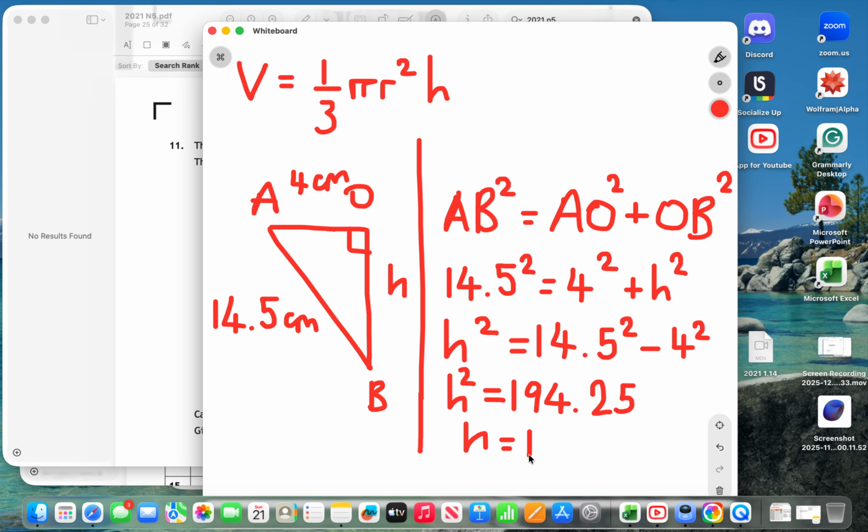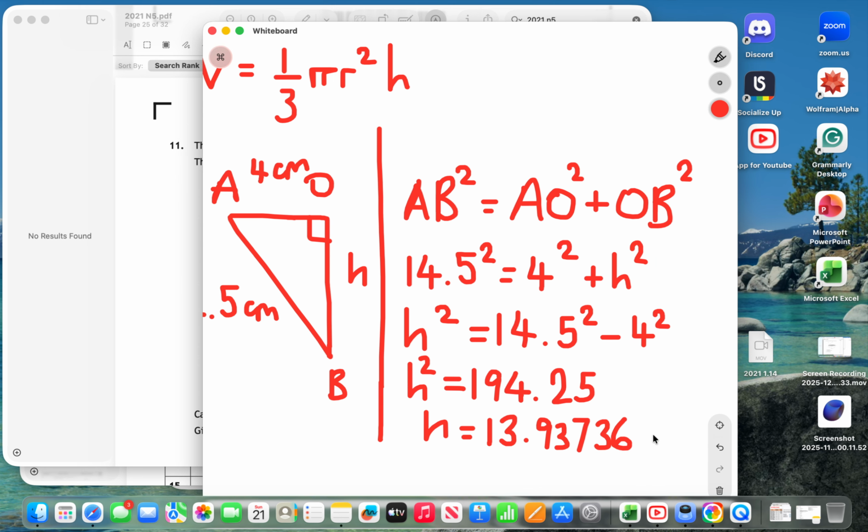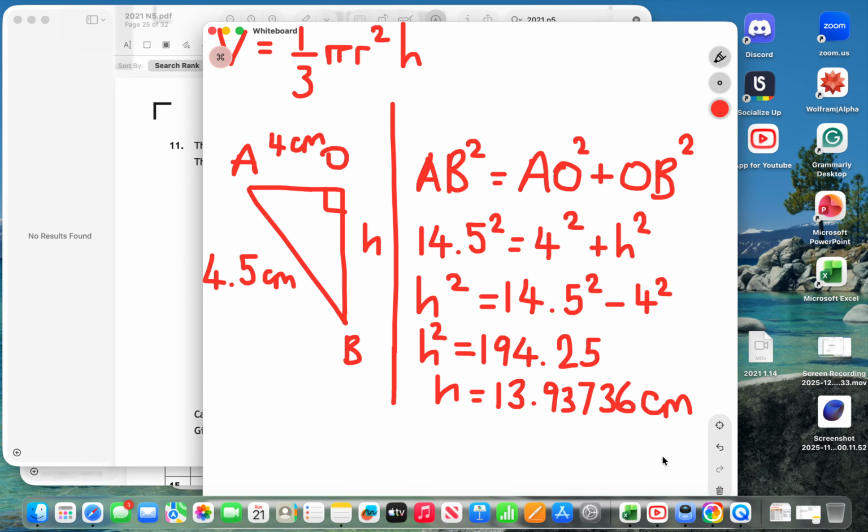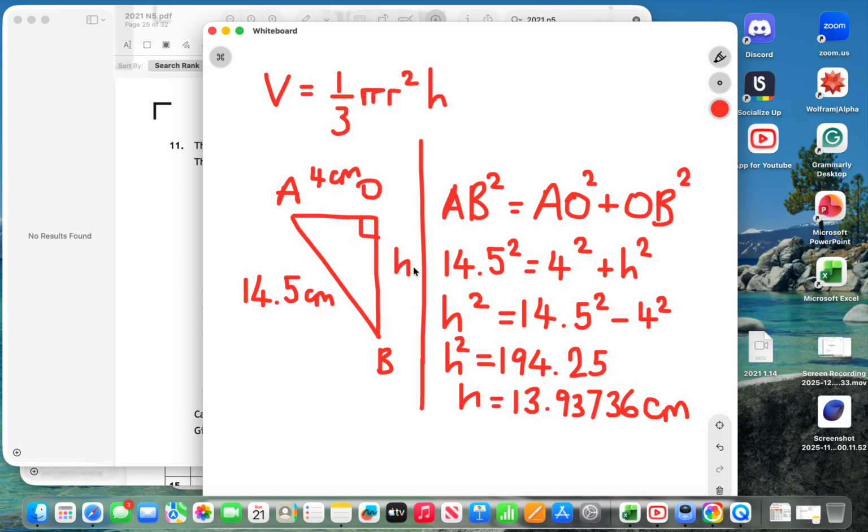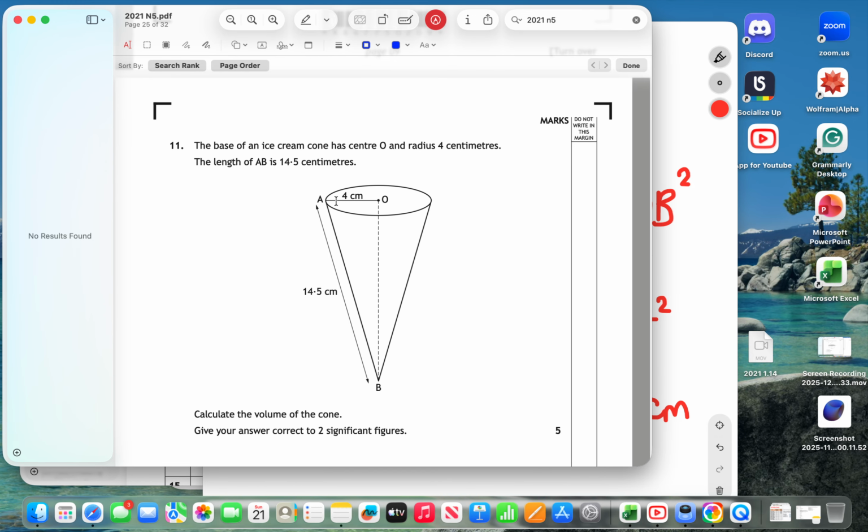I'm going to keep all of those decimal places. 13.93736 centimeters. So we have the perpendicular height that's perpendicular to the radius of the end face.